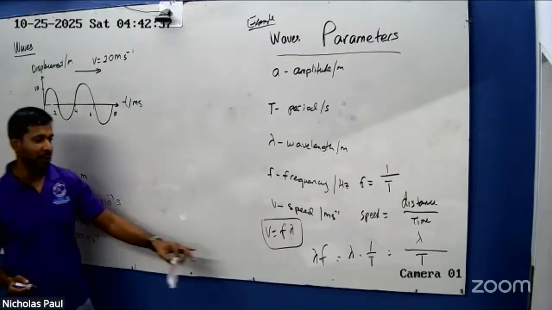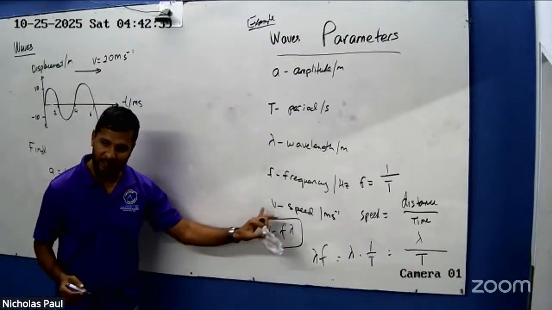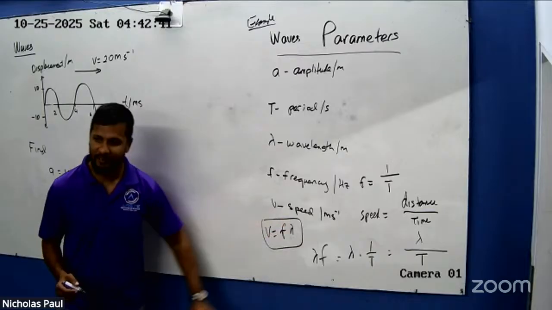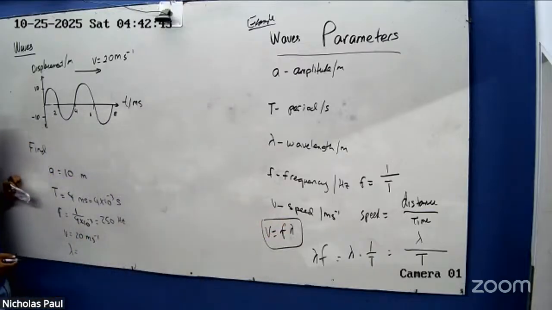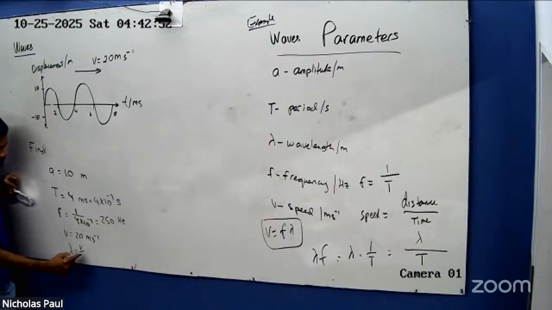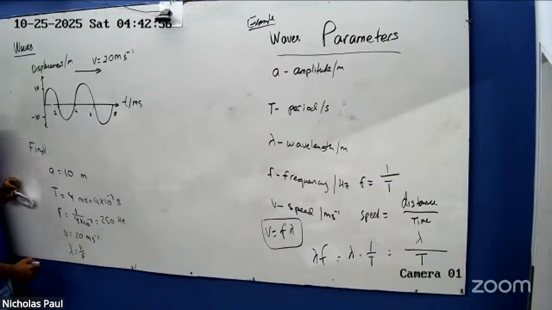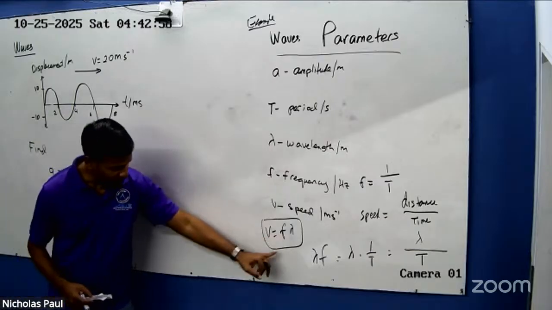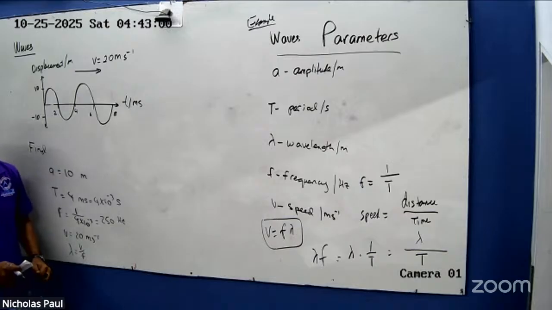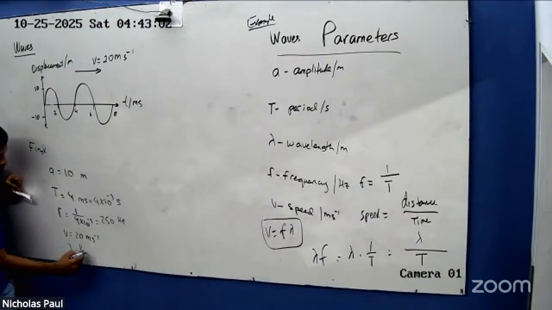Like the formula here. Yes, v means speed. Right, so it's v over f, because they're moving across here. So you're going to get 20 over 250.